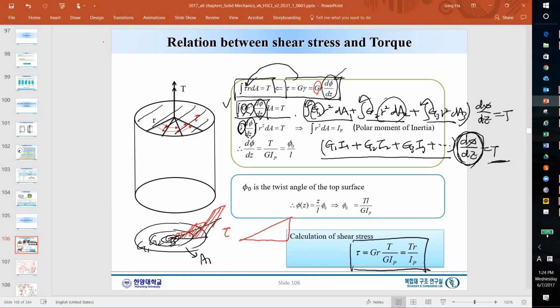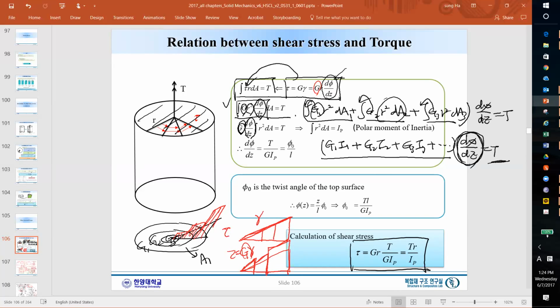This one is gamma. Gamma is always continuous, but as I mentioned, tau can be like that, or like that, or like that, because tau equals G gamma, and G can be different from material to material.